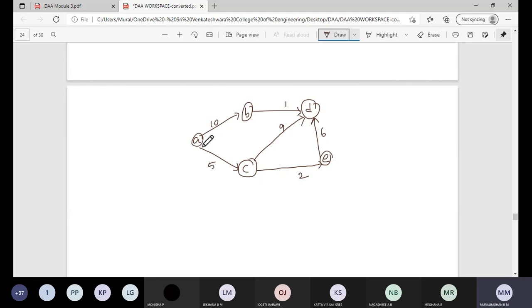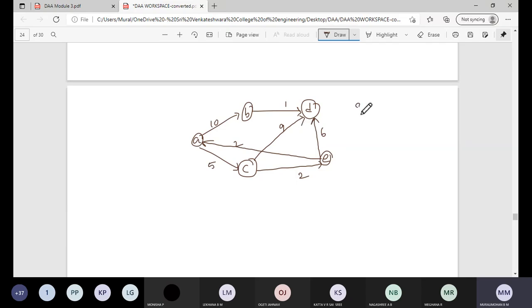Next E to A, there is an edge with a cost of 2. Right? You just observe the graph here. So solve this by using Dijkstra's algorithm, or find the single source shortest path by using Dijkstra's algorithm.